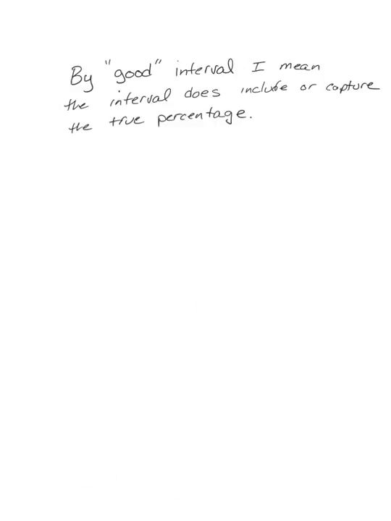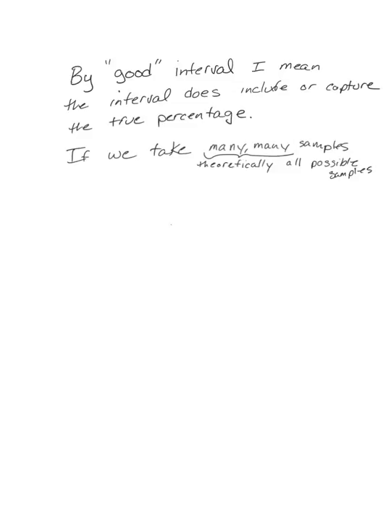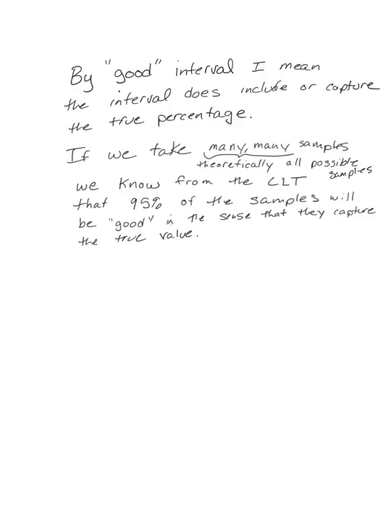And just to clarify, by good interval, I mean the interval does include or capture the true percentage. And conversely, by a bad interval, I mean the interval does not include the true percentage. If we take many, many samples, or theoretically all possible samples, we know from the central limit theorem that 95% of the samples will be good in the sense that they capture the true value.